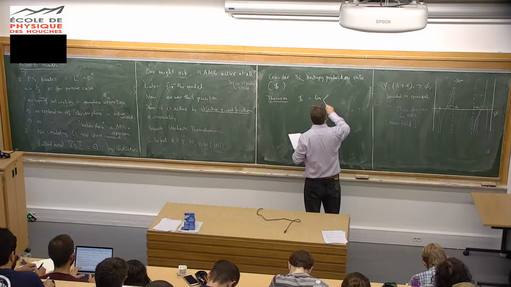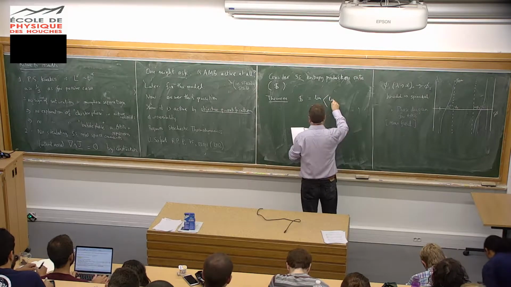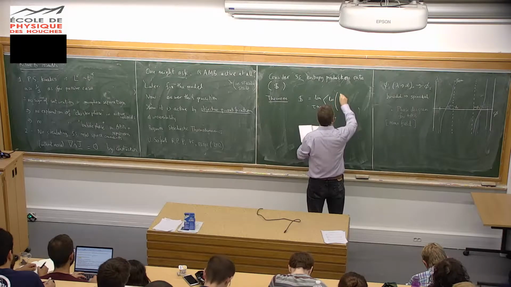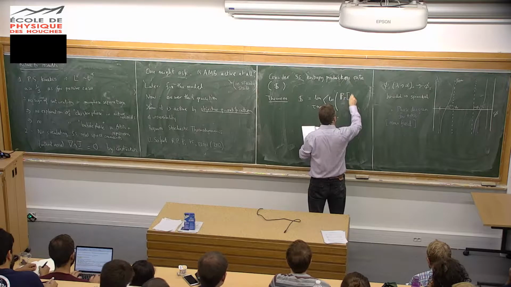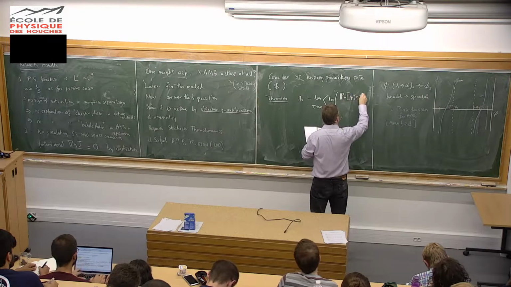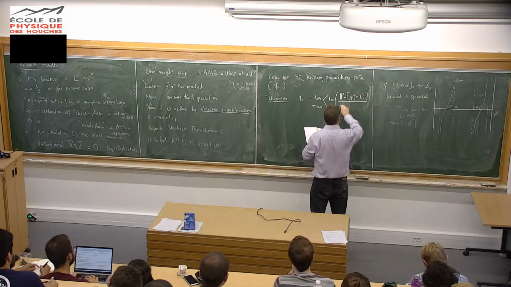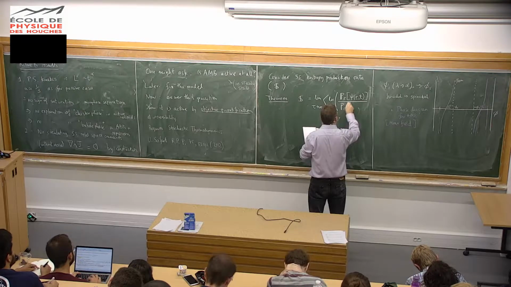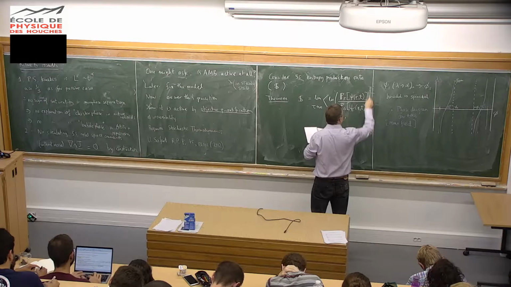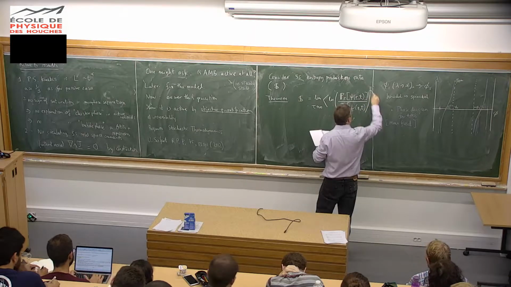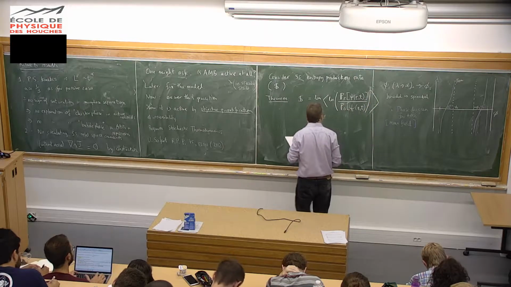What I do is I look at the log of forward path probability over backward path probability, and take the ensemble average of that.